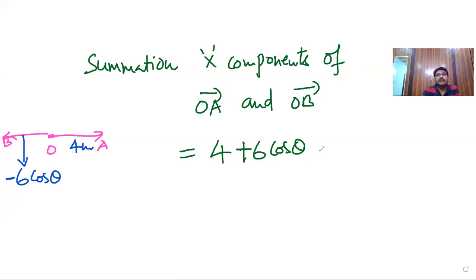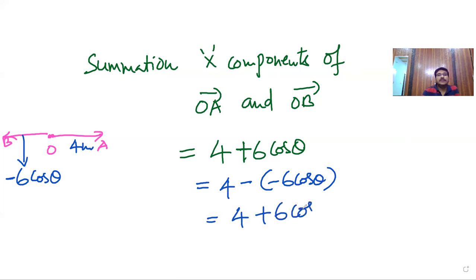If I want to show it perfectly, it is minus of minus 6 cos theta, that becomes 4 plus 6 cos theta.